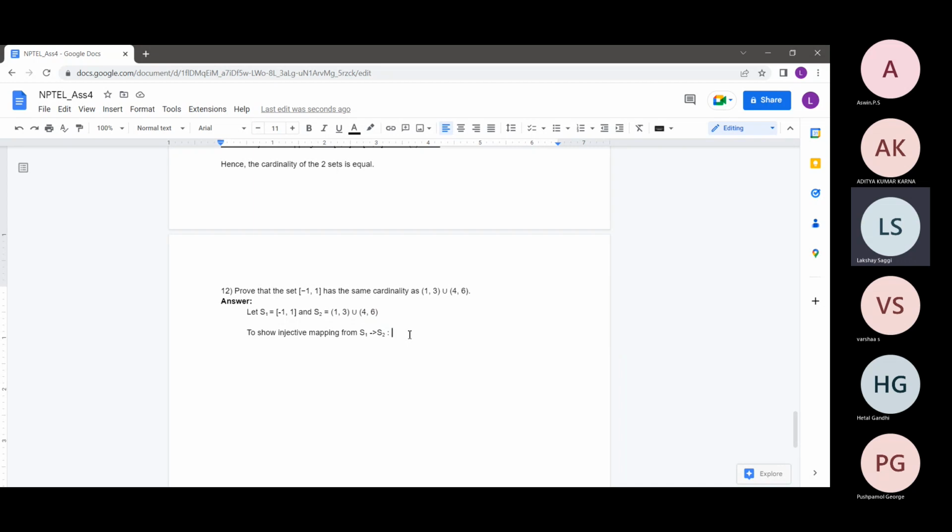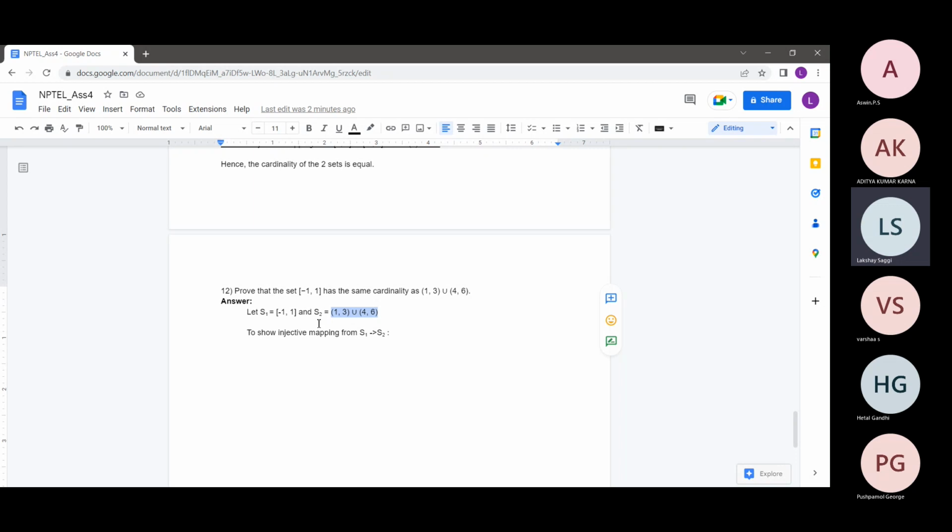So can anyone give me a function f of x in chat? Aditya, maybe you can try. So basically, guys, I don't think it's that hard once you get this general idea from the previous question. The general idea is that you need to find a function of x which takes the values from -1 to 1 and outputs the values in the set S2, and it is a one-one function.